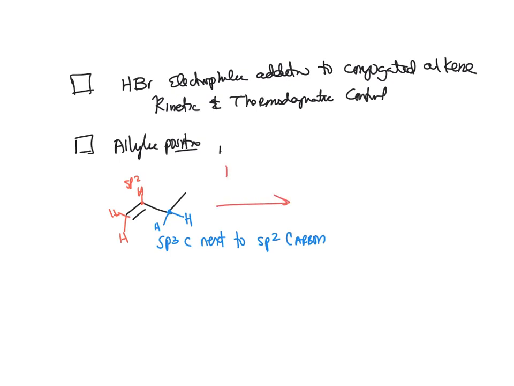So if you react this with NBS, which is called N-bromosuccinimide, and that structure looks like this. So here's an imide. An imide is a nitrogen in between two carbonyls, and that's N-bromosuccinimide.